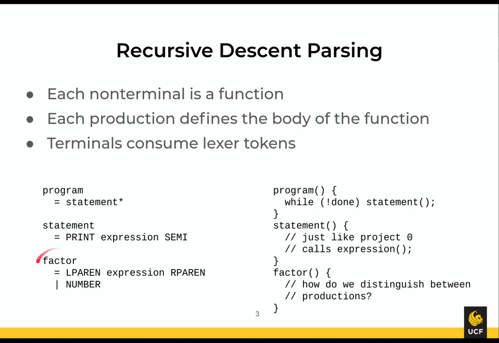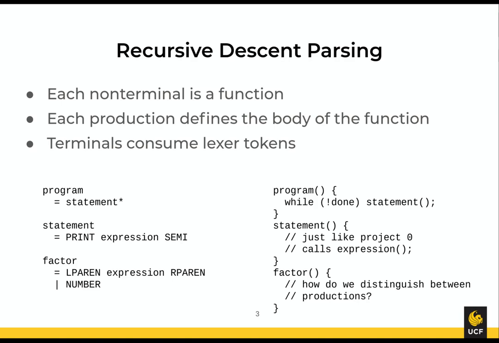Now, what about factor? Factor is a little bit different because we have alternation. But similarly to lexing, how do we handle cases where we have two different possible productions that we could take? We could just do this recursive descent approach and search the entire grammar for every possible parse of this string.